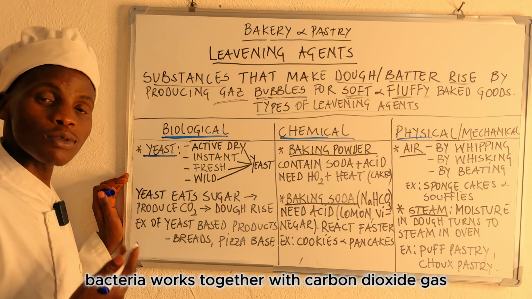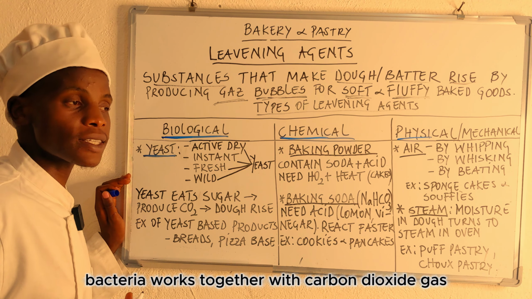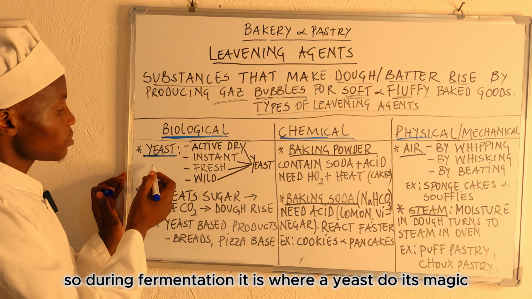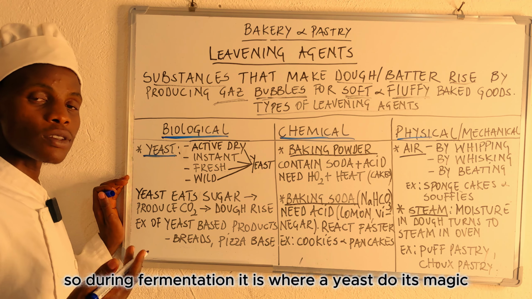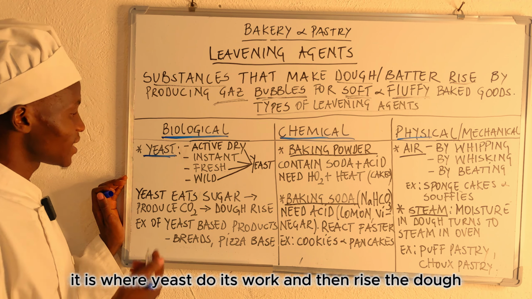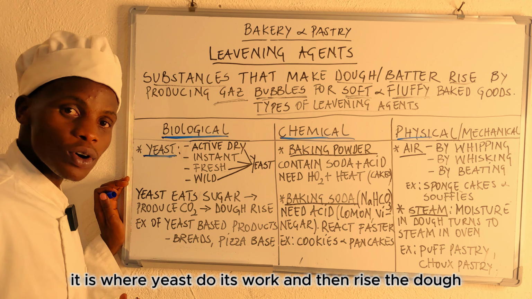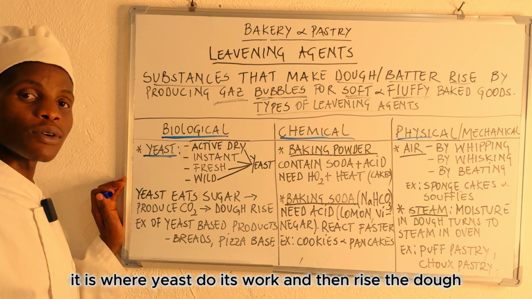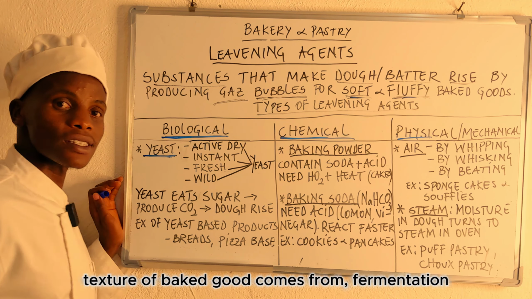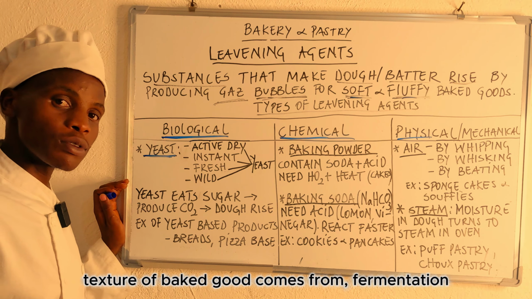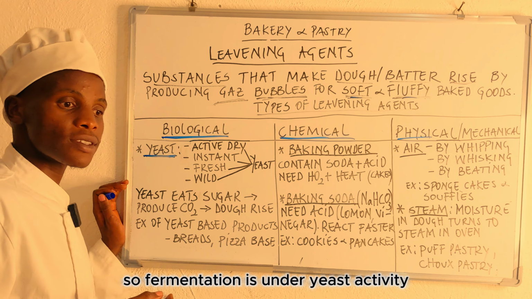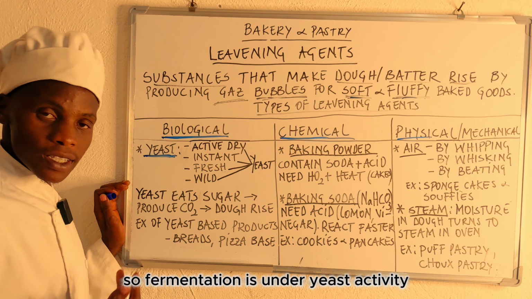Bacteria works together with carbon dioxide gas to ferment a dough. So during fermentation, it is where yeast does its magic. It is where yeast does its work and leavens the dough. This is where the soft and fluffy texture of baked goods comes from, fermentation. So fermentation is under yeast activity.